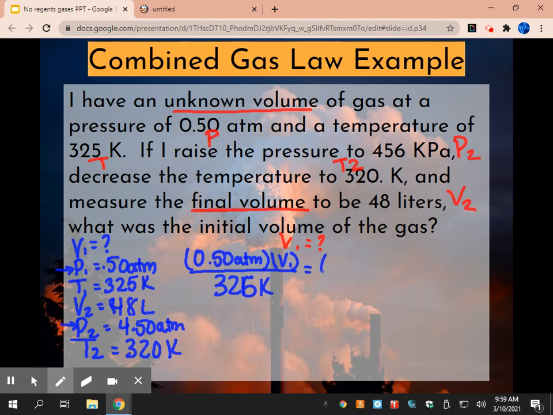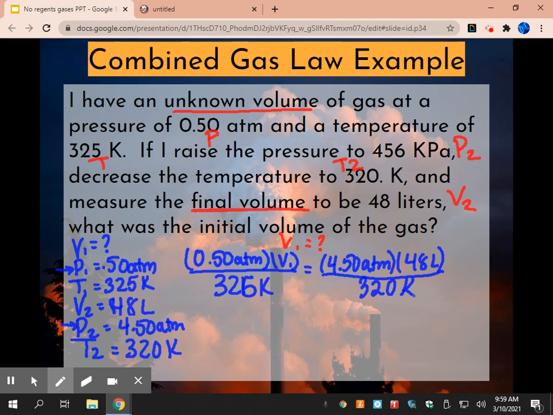My P2 was 4.50 atm. My V2 was 48 liters. And my T2 is 320 Kelvin.